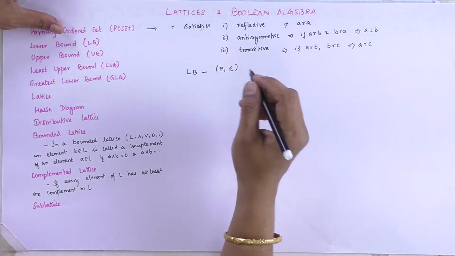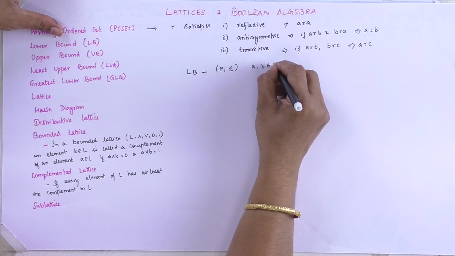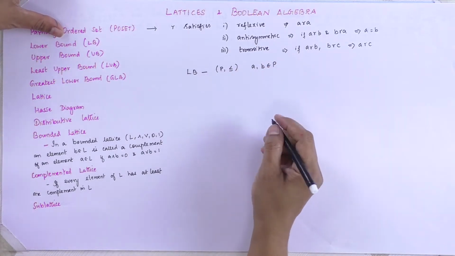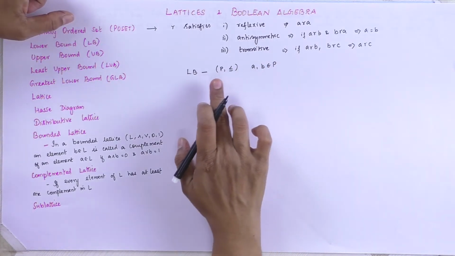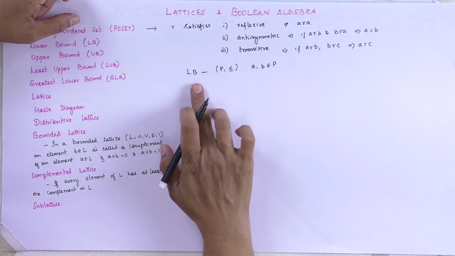Now, the lower bound. Let me take two elements A and B in the poset. How do I find out whether the set has a lower bound?